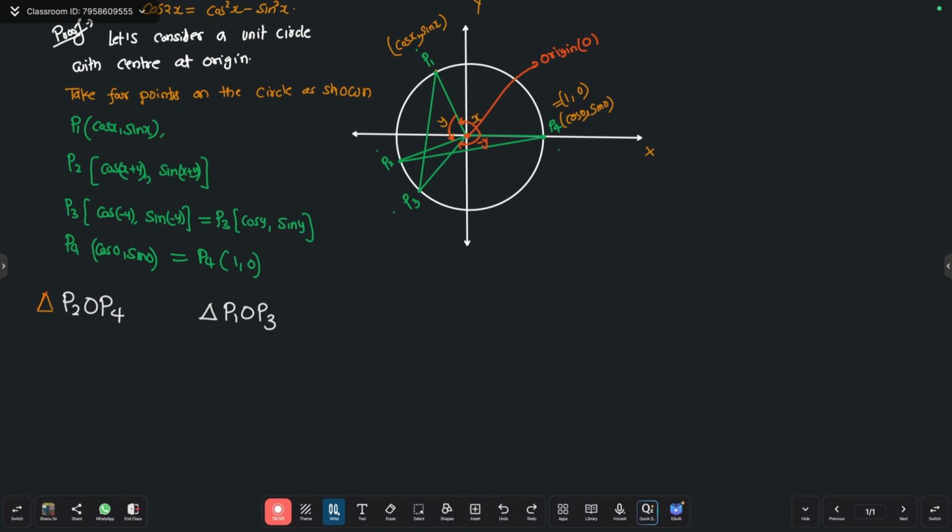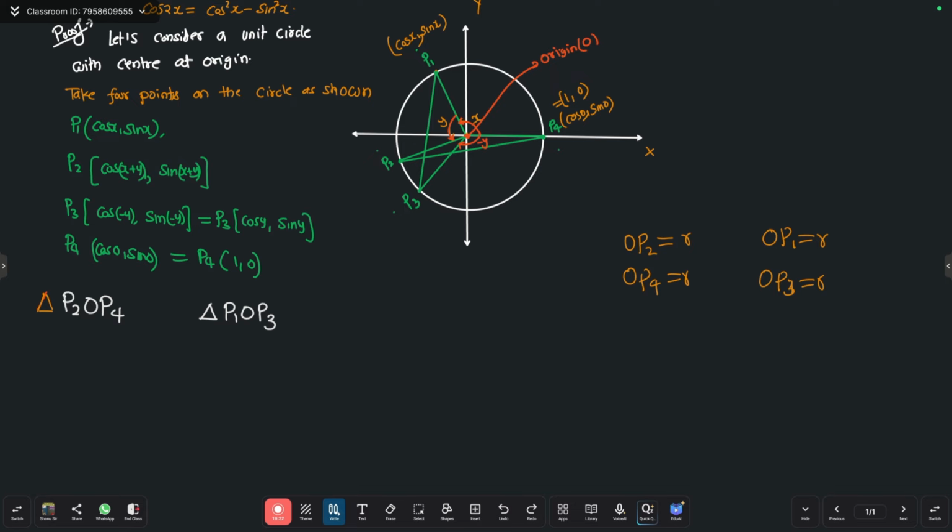If you see OP2, I am talking about triangle P2 O P4. OP2 is what? Radius of the circle. OP4 is also a radius. Now see in the triangle P1 O P3, OP1 is a radius and OP3 is also a radius, and all radii of a circle are always equal.